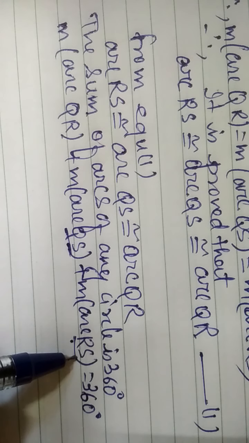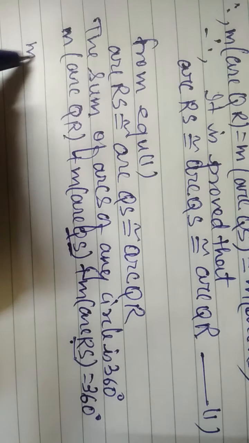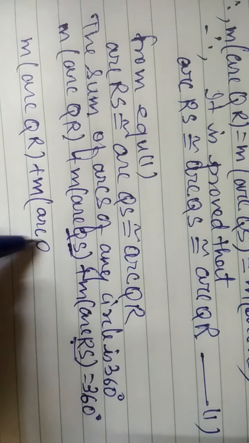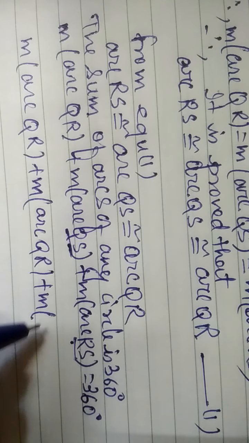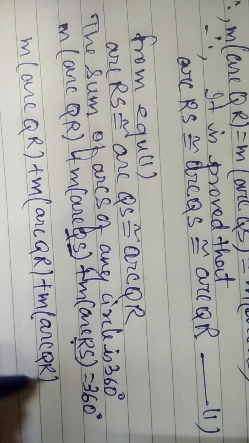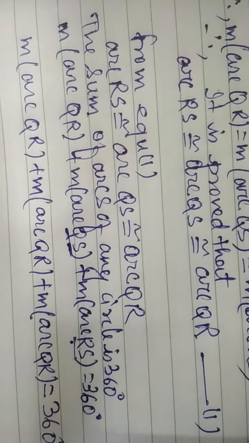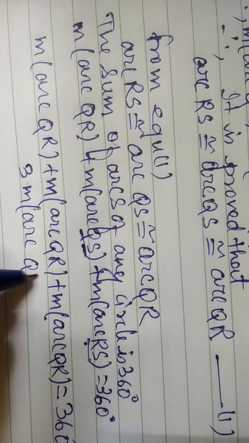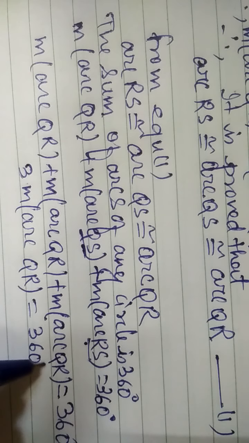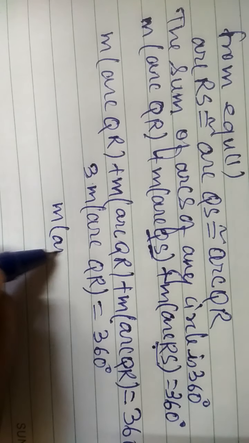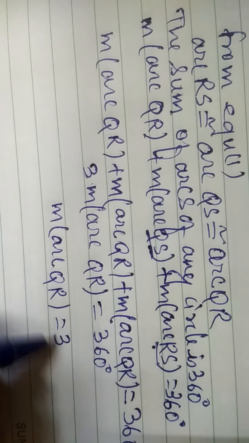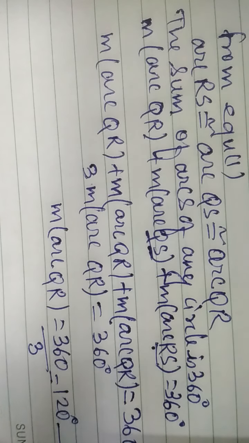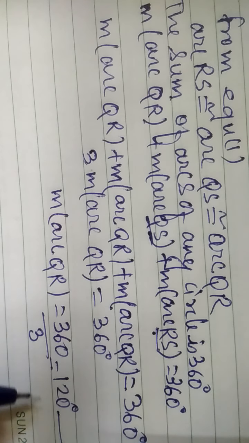So we get three measures of arc QR, which equals 360 degrees. So the measure of arc QR equals 360 upon 3, that is 120 degrees. So put it as equation 2. Here we got the measure of arc QR.